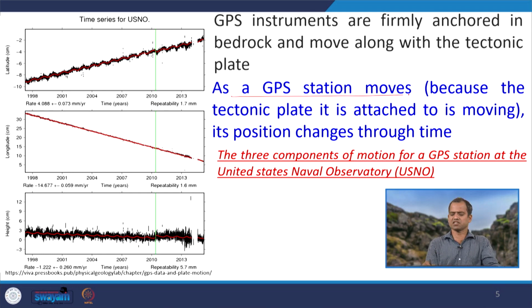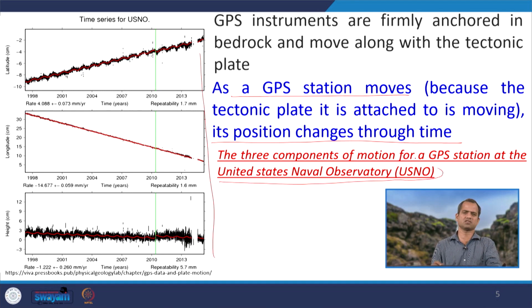As a GPS station moves, its position changes through time, and as we have anchored it to the tectonic plate or the crust, that means the system is moving. Here there is an example with data taken from the United States Naval Observatory.